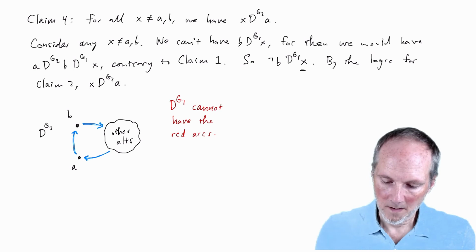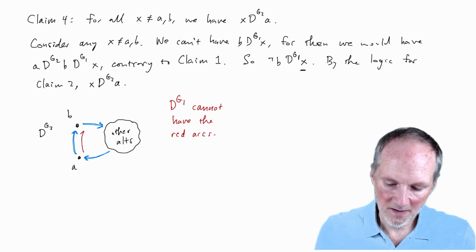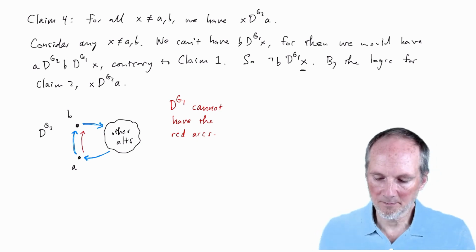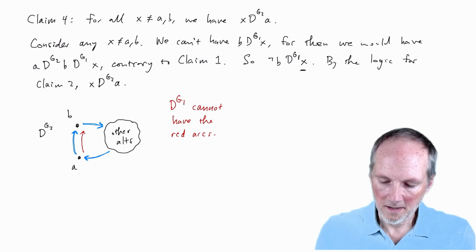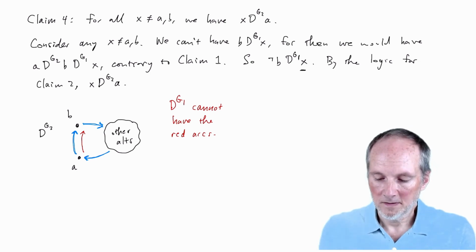Let's first think about this arc here, going from A to B. If G1 were decisive for A over B, that would conflict with our claim 1, right?